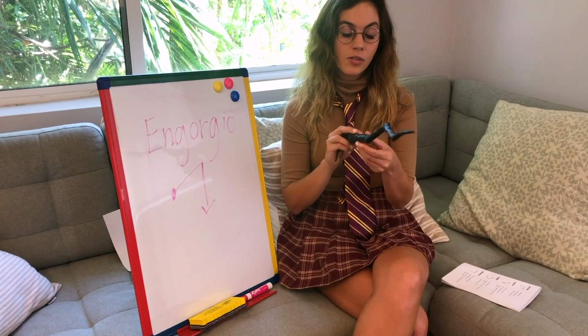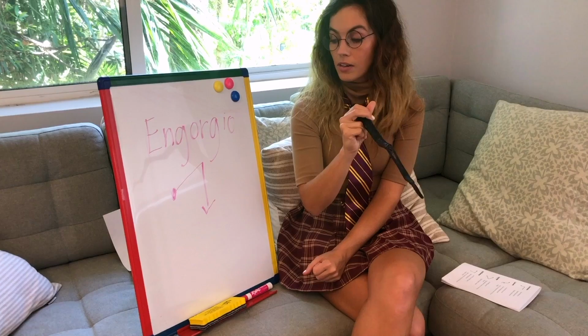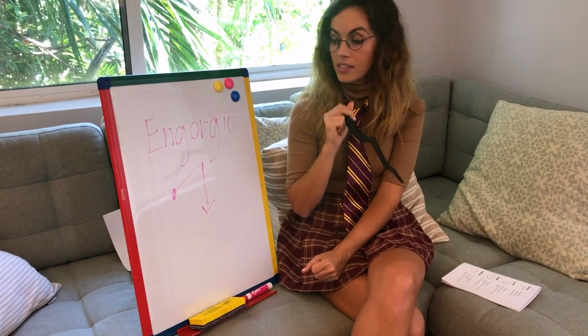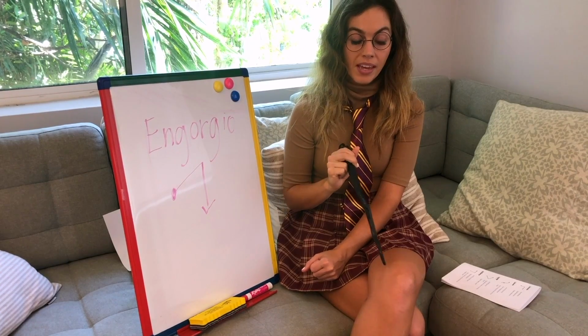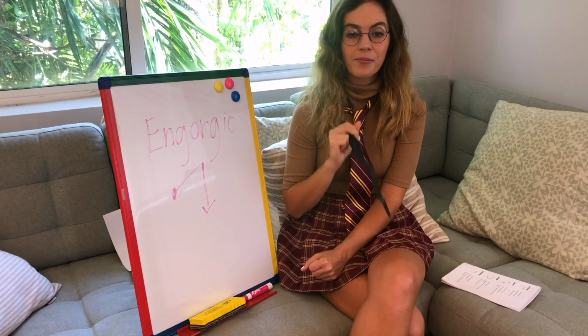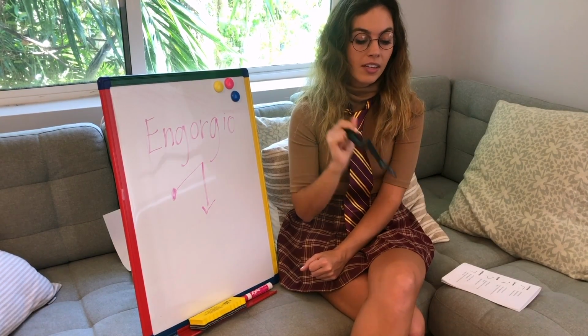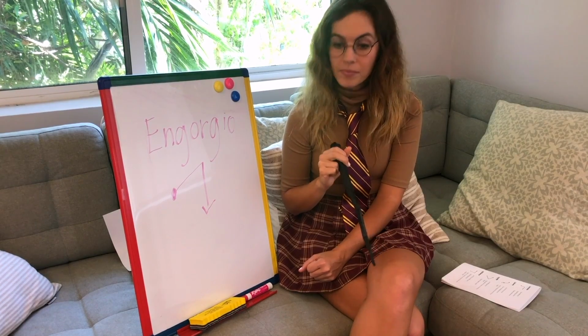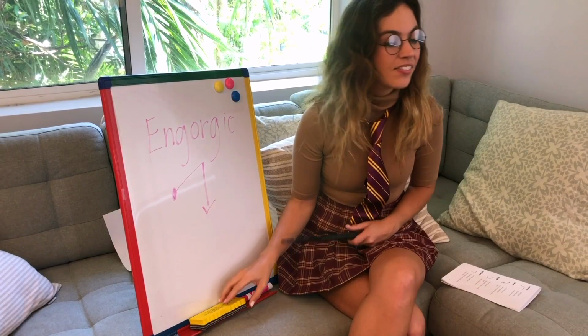So you're going to get your little pebble and you're going to go diagonal down and you're going to say Engorgio, and you're going to make that rock swell. So go ahead. Good. Make sure that you are only doing this to the rock. Good. Very nice.